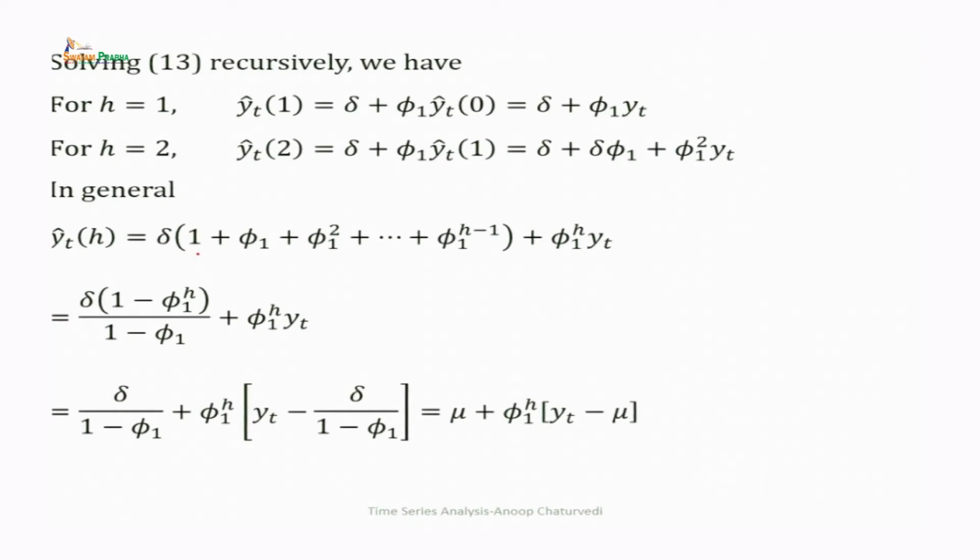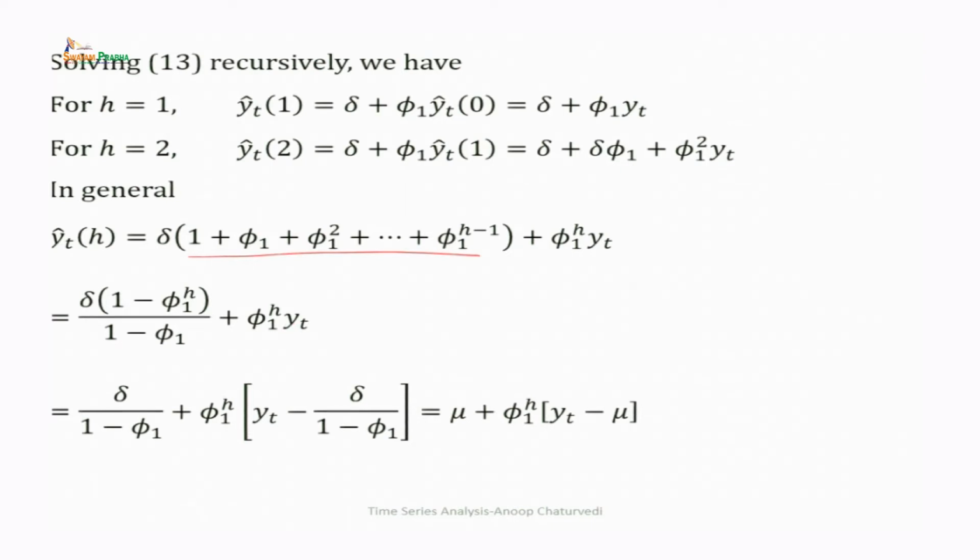This series is a geometric series, and the sum of this series is 1 minus phi 1 to the power h upon 1 minus phi 1. So, ultimately you obtain y hat t h equal to delta times 1 minus phi 1 to the power h upon 1 minus phi 1, plus phi 1 to the power h y t.